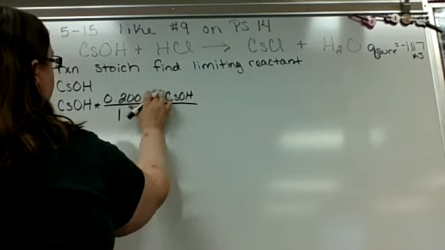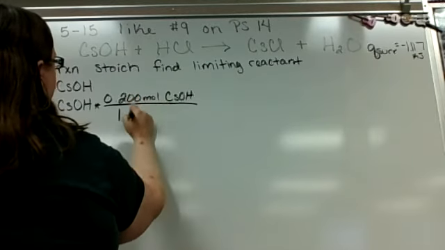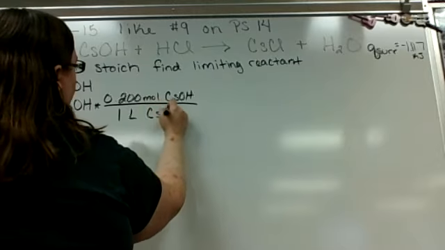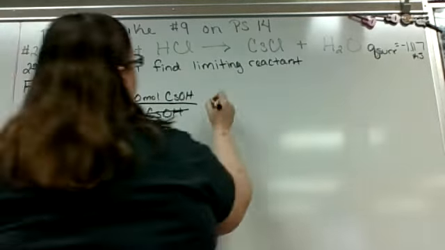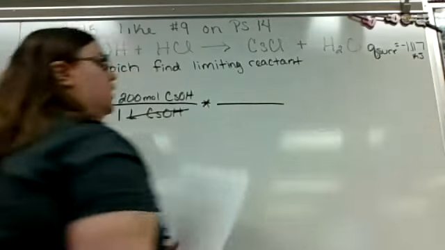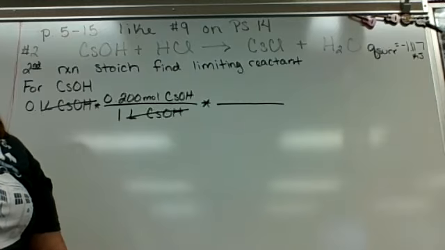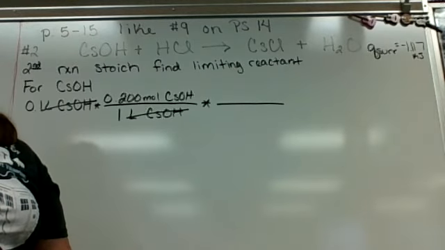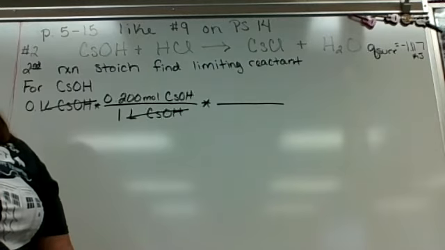And that's over, sorry, that should be moles over 1 liter of CsOH. That cancels out my liters. Now, we can get away with not calculating the grams of product because we can calculate moles. We can stop at moles because the least amount of moles will produce the least amount of grams.